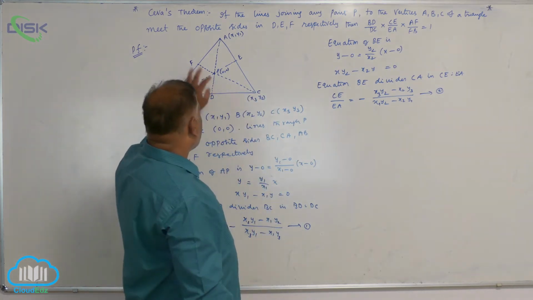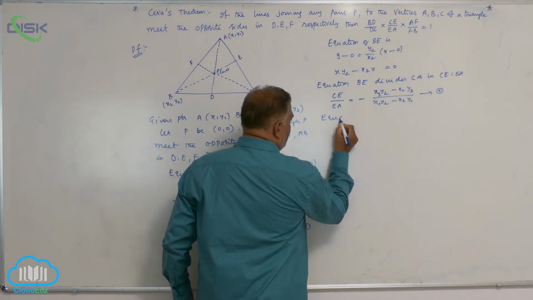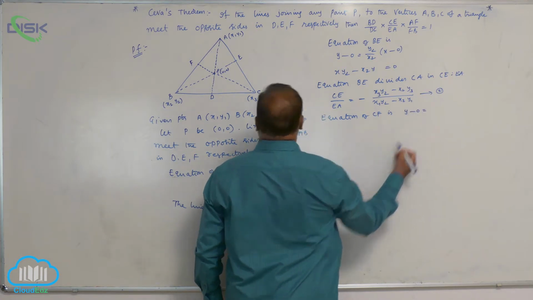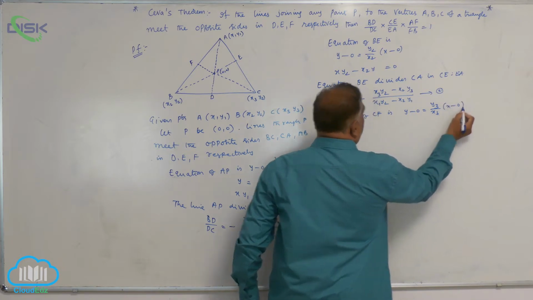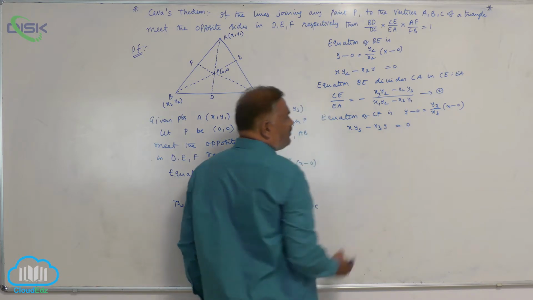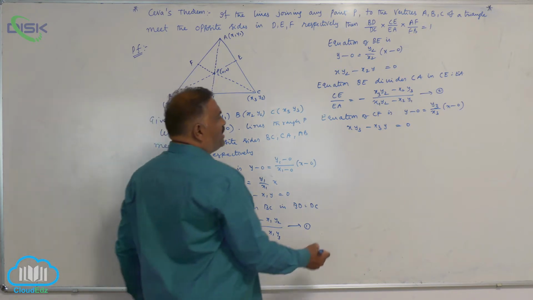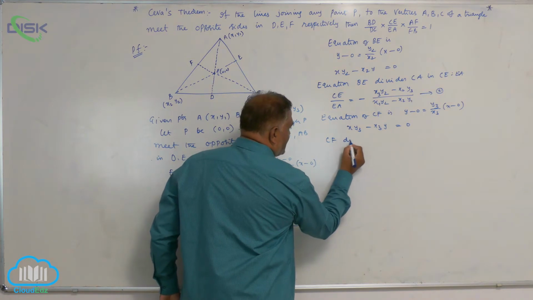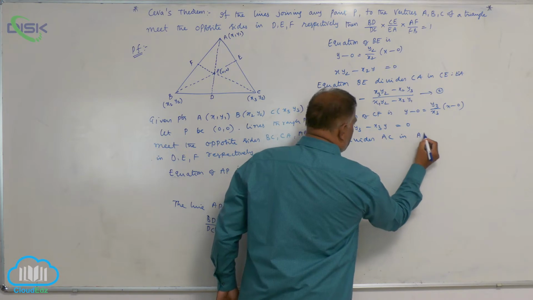And last but not the least, the CF equation. Equation of CF is given by y minus 0 equal to y3 by x3 into x minus 0. Now x y3 minus x3 y is equal to 0. Now the new ratio is AF by FB. So CF divides AB in the ratio AF is to FB.